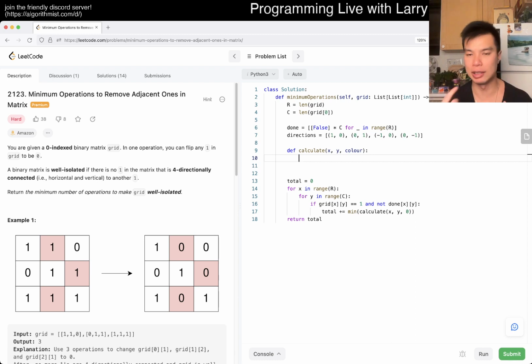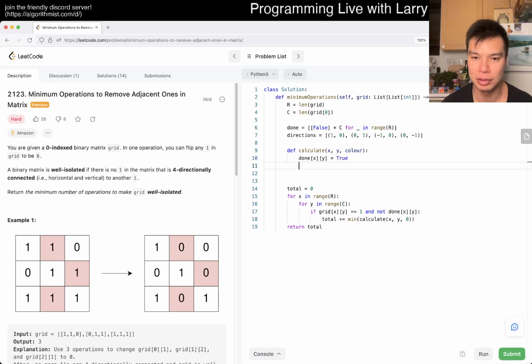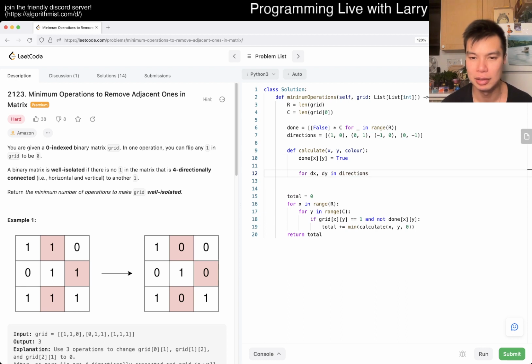All these things will be bipartite anyway, so we don't have to check for odd cycles or something like that. By definition it should be okay. So visited is equal to true. So for dx, dy in directions.